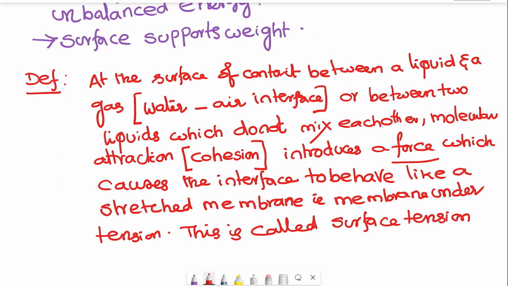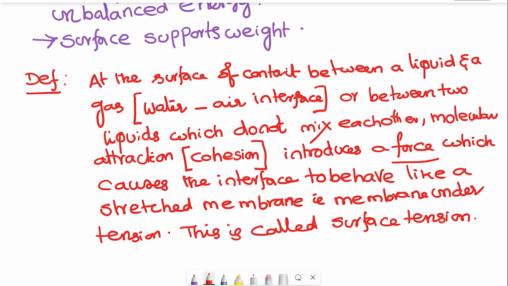So, two important points in this definition for you are: number one, surface tension is possible only at the interface, whether it is the water-air interface or water and some other liquid which will not mix with water.